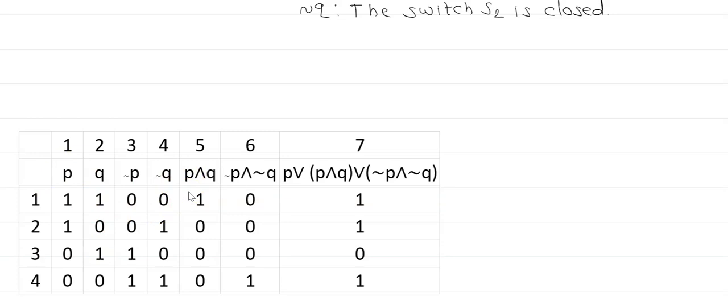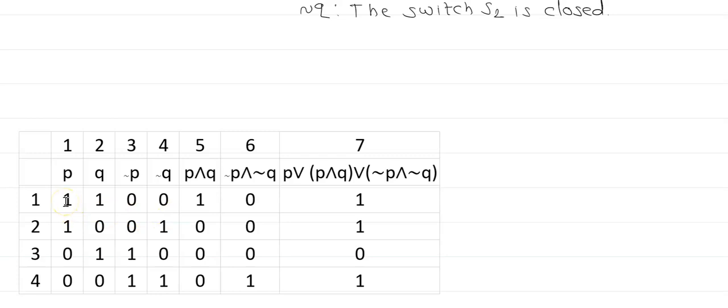Next is the negation, and that is the AND between column number 3 and 4. And the OR between which columns? That is column number 1, column number 5, and column number 6. This is the OR statement in between them, that is 1, 5, 6. Now we'll check some of them.